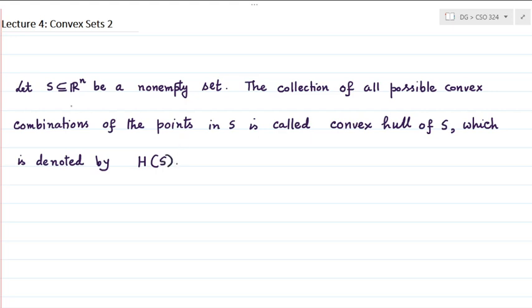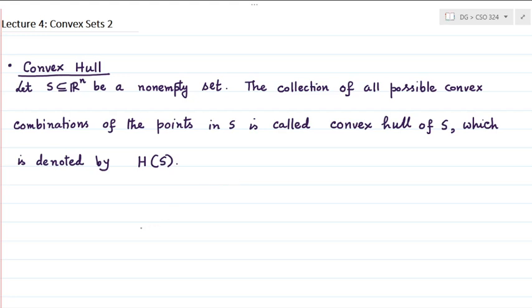Fine. So that is the definition of convex hull. Okay.